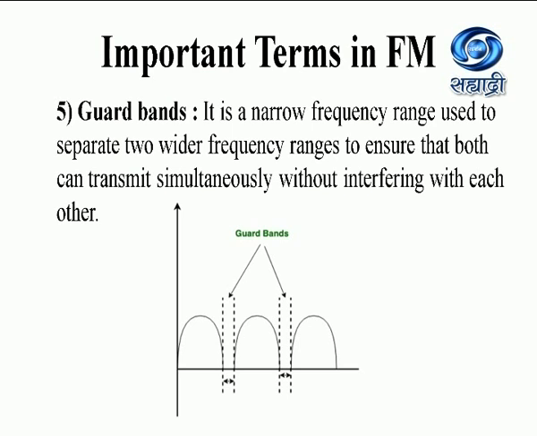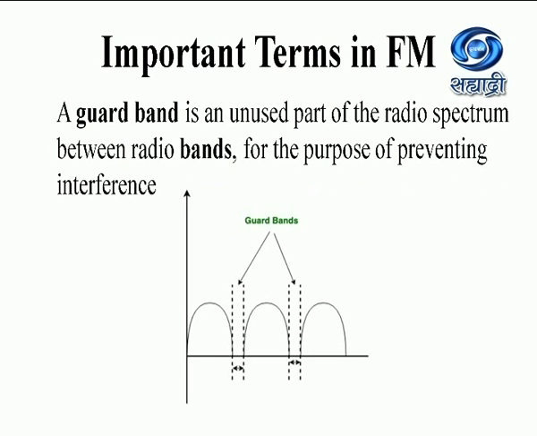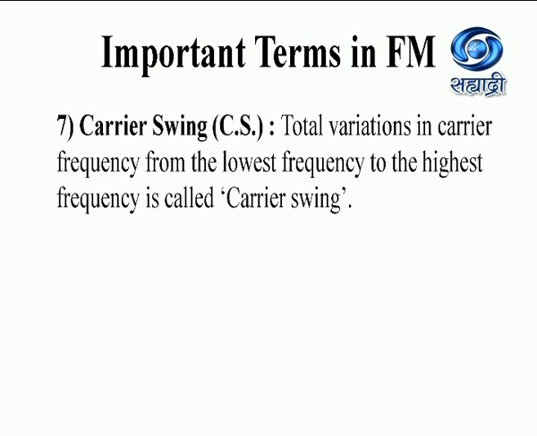It is basically another frequency which creates the distance between the actual frequencies. That's why these bands are called guards. A guard band is an unused part of the radio spectrum between radio bands for the purpose of preventing interference. Basically these bands are used to secure the information and to reduce the interference of two carrier frequencies.